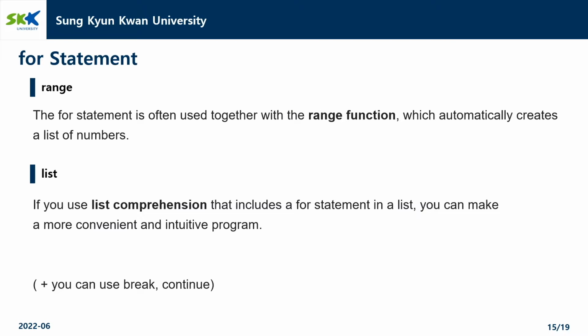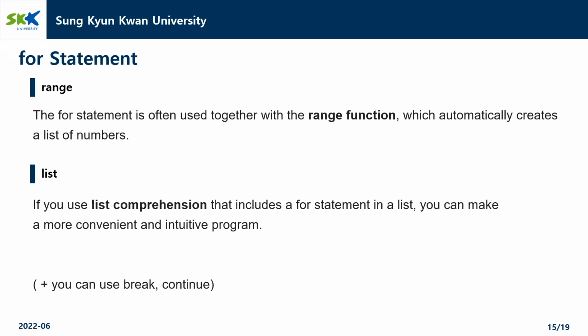The for statement is often used together with the range function, which automatically creates a list of numbers. To specify the starting number and ending number, use the form range(starting number, ending number), but the ending number is not included. If you use list comprehension that includes a for statement in a list, you can make a more convenient and intuitive program.